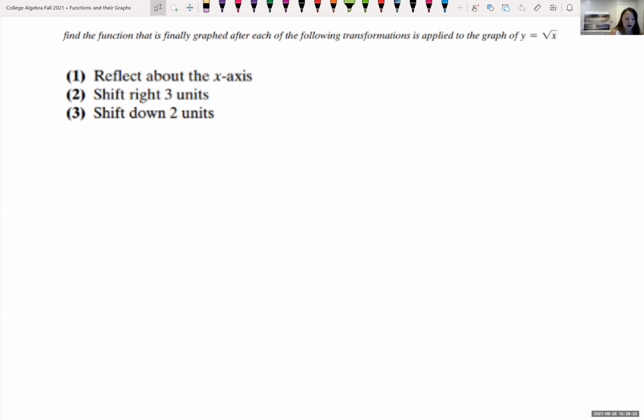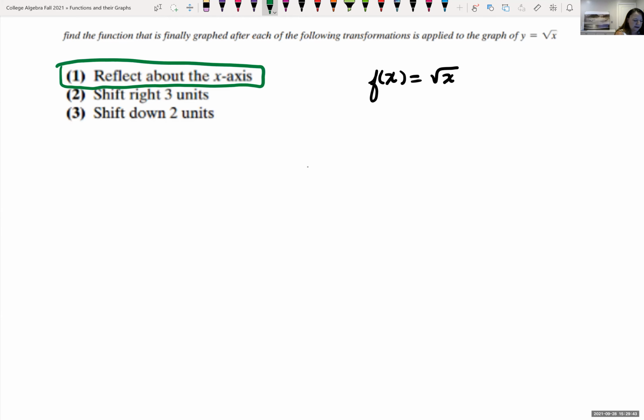So if we have y equals f of x, or y equals the square root of x, which I'm going to call f of x, so f of x equals the square root of x. The first thing that we want to do is reflect this across the x-axis. Again, look at what's happening.